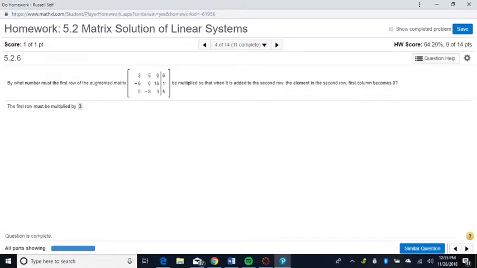Here's another one, just the same like that. Let's just do similar questions so that we can get different answers. By what number must the first row of the matrix be multiplied by so that when it's added to the second row, the element in the second row, first column, becomes 0? Okay, so again, we're talking about getting opposites right there.